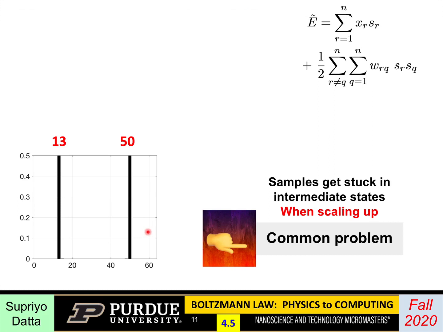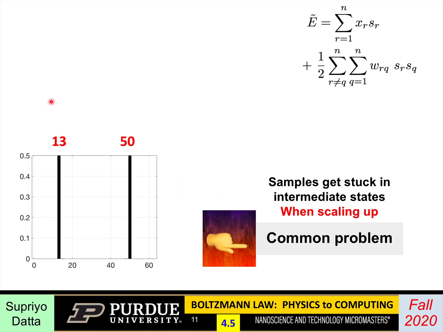Now, in solving problems of this type, there is a common difficulty that I didn't talk about earlier. When you have many nodes, this is not a problem you'd usually encounter with 6 nodes, but with many nodes, as you try to find the lowest energy states when you're sampling, you could get stuck in other states which are not really the lowest energy.